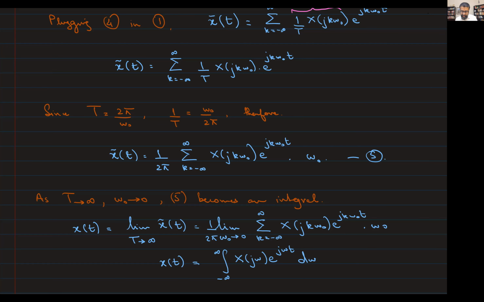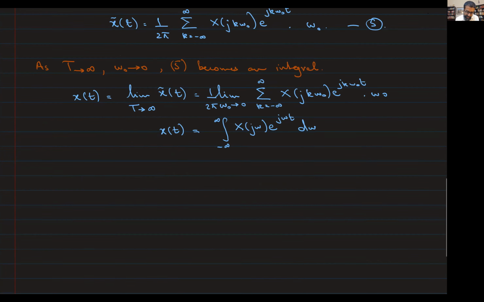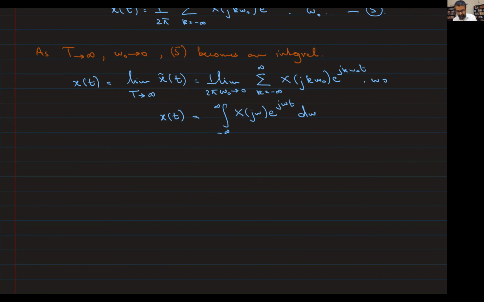Okay? So if I were to summarize this, right? What I am claiming here are the Fourier claims, which is an awesome result: if there's an aperiodic signal x of t, then I can say that x of t can be written as this summation. So let me use a different color here. Right? So in conclusion, I can say that this x of t can be written as integral from minus infinity to plus infinity of X of j omega e raised to power j omega t.